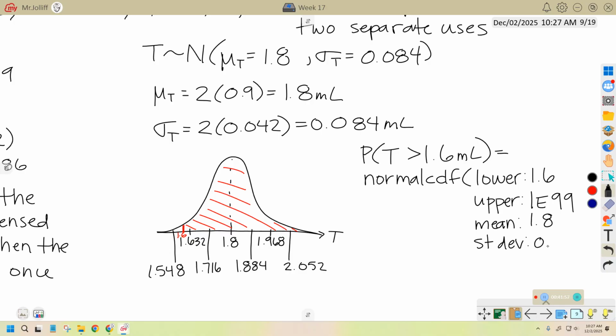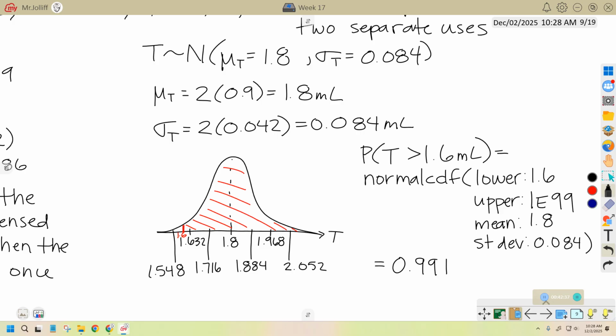Standard deviation is 0.084. And I got 0.991. I see nodding. And that's about what we expected, a little bit less than 1, because we shaded in most of the curve.